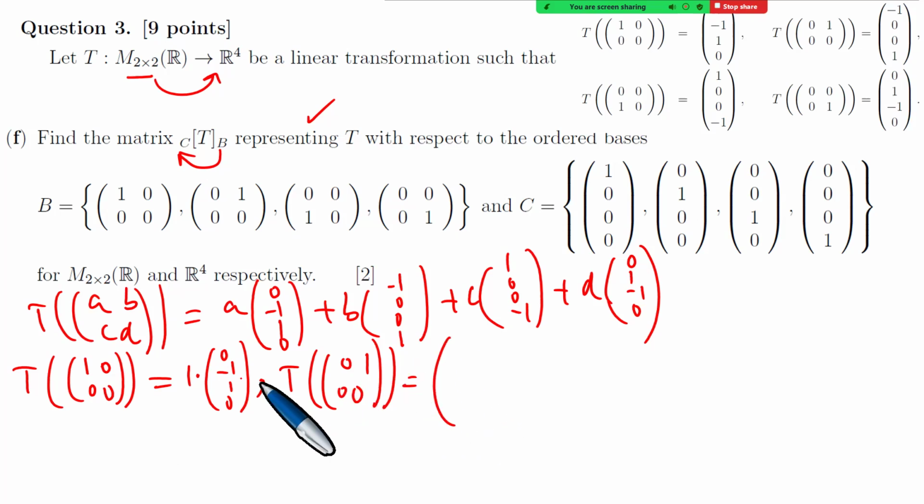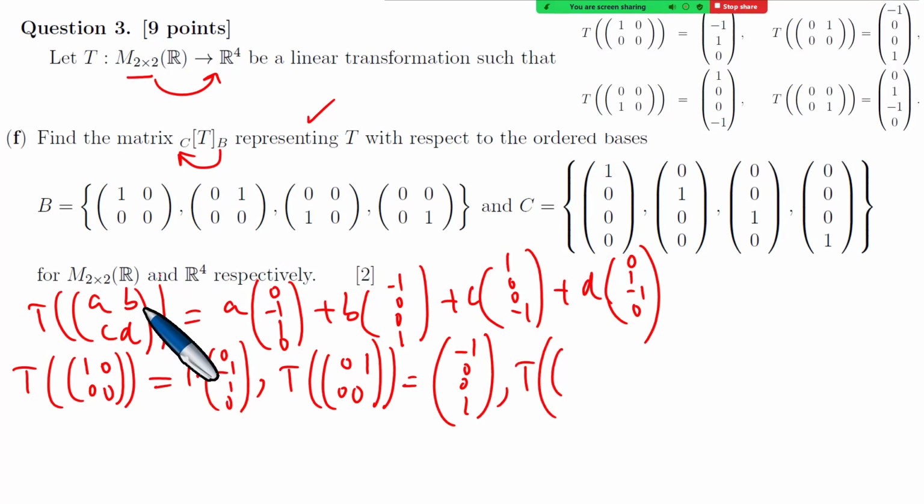What is the image? The image would be where this component is 1. So it's when B is 1. When B is 1, then you're going to have only this one: -1, 0, 0, 1.